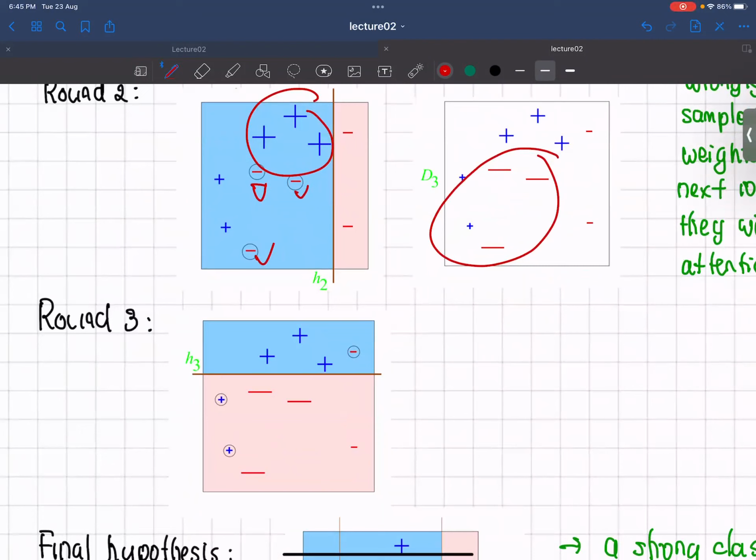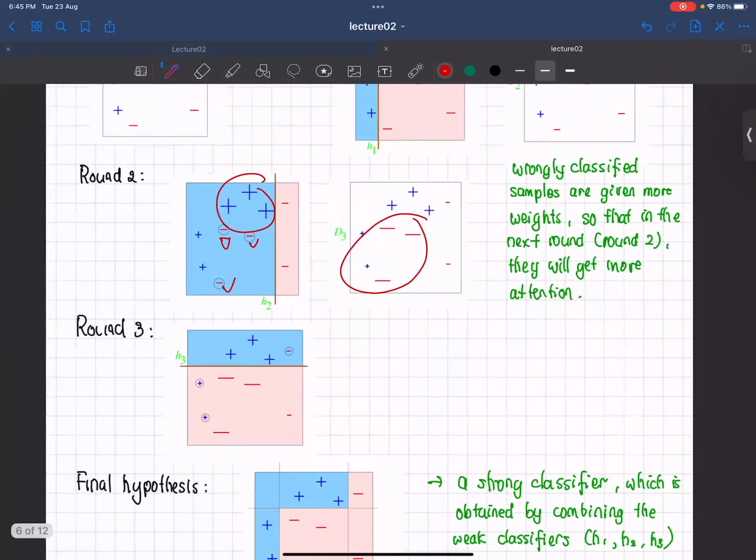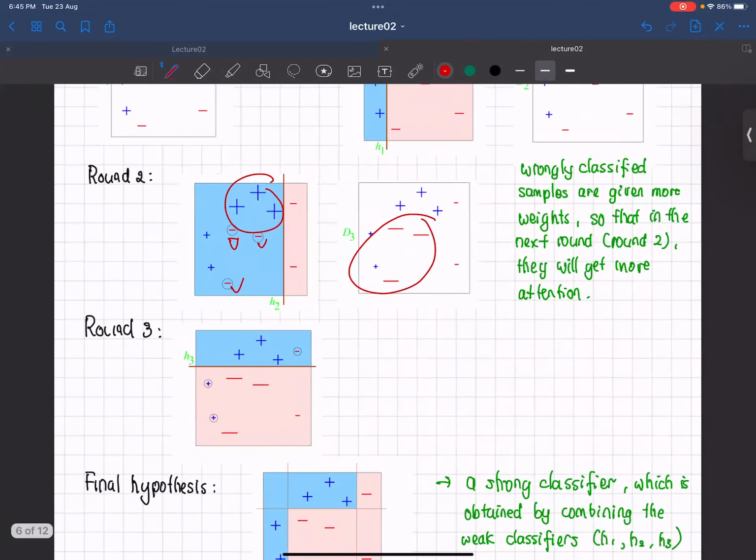Again, don't bother about the horizontal and the vertical. Later on, we will stick with the verticals. Just assume that vertical is more important. Any questions here? That's the basic idea of adaptive boosting. We put more weight on the wrongly classified samples so that in the next iteration, the classifier can focus more on these wrongly classified samples.